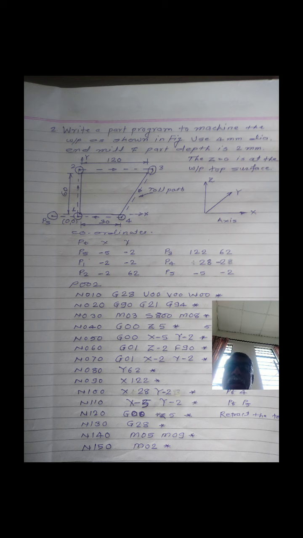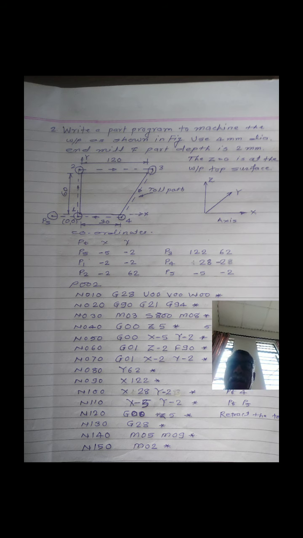The next block is N20, G90, G21, G94, end of the block. G90 means absolute coordinate system, G21 metric system, G94 feed rate in millimeter per minute.